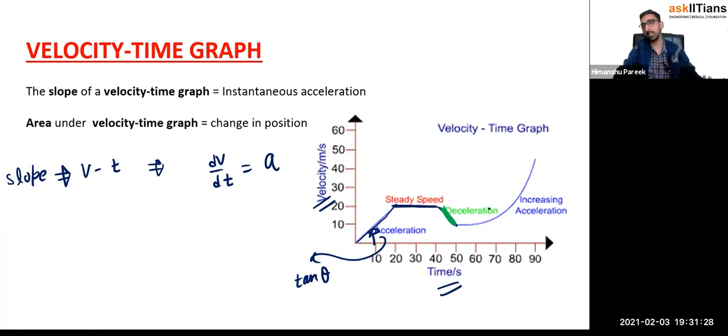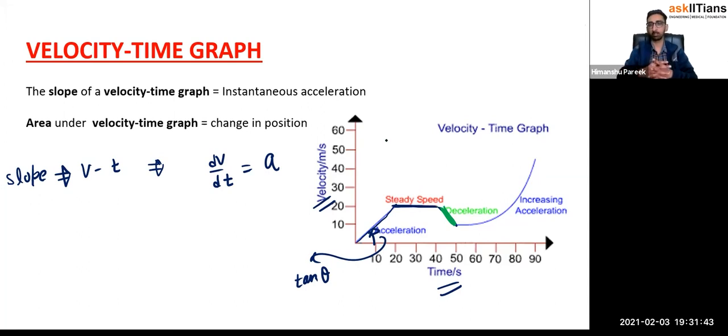As we applied in the previous case, if the distance time graph is linear, it is a uniform motion, meaning uniform velocity. Similarly, if the velocity time graph is linear, it means uniform acceleration. In equal intervals of time, the velocity changes by an equal amount.